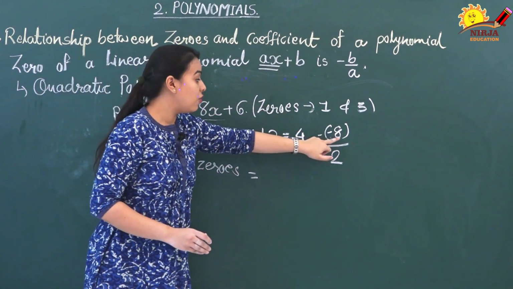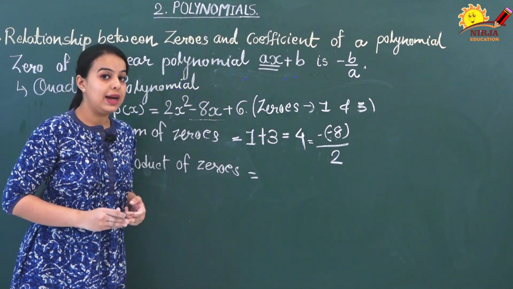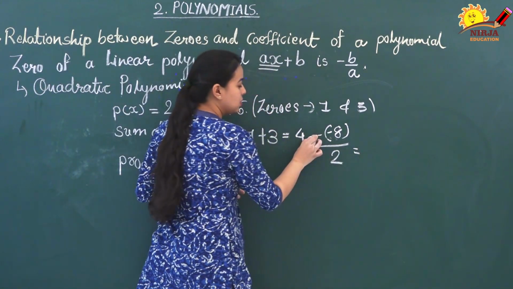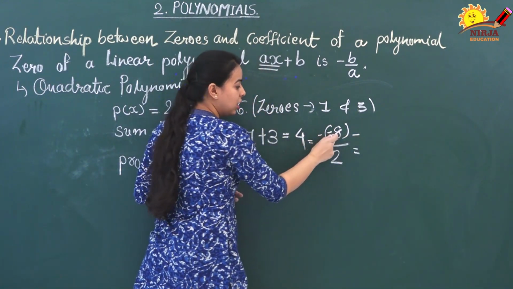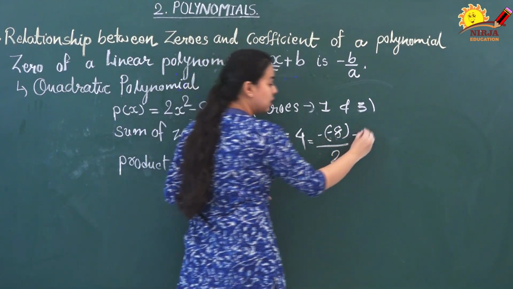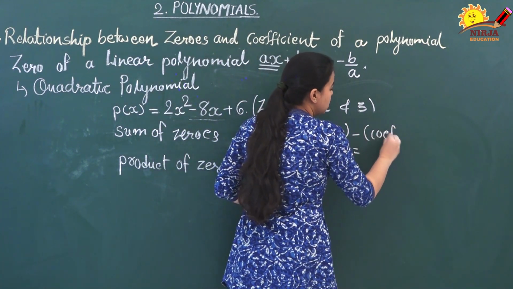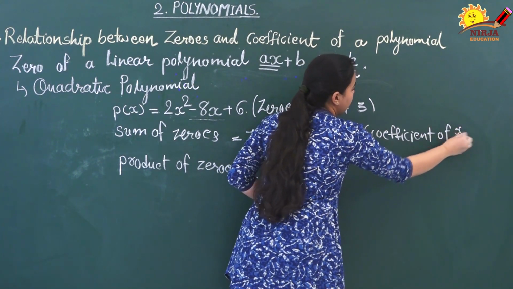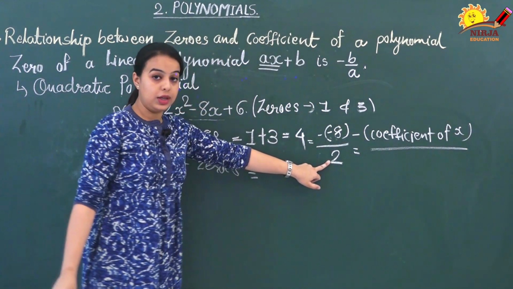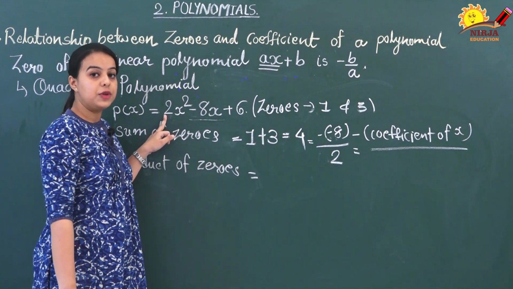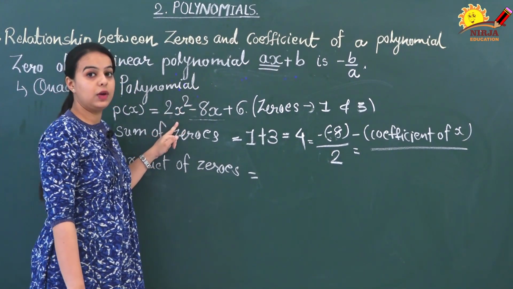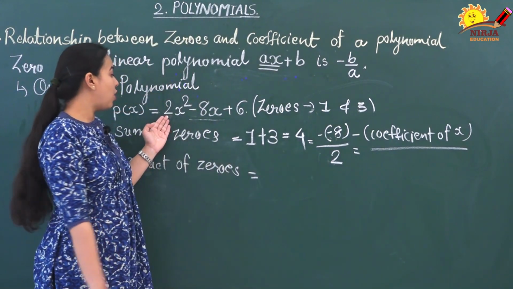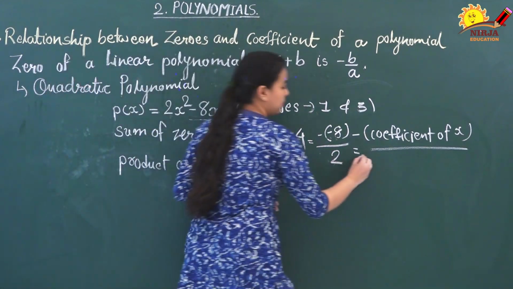So in place of minus 8, we can write coefficient of x, let the minus be as it is. And 2 is the coefficient of x square in our polynomial. So in place of 2, we can write coefficient of x square.